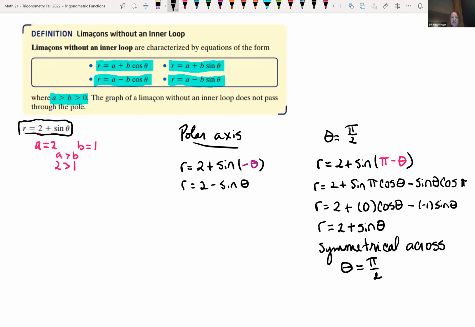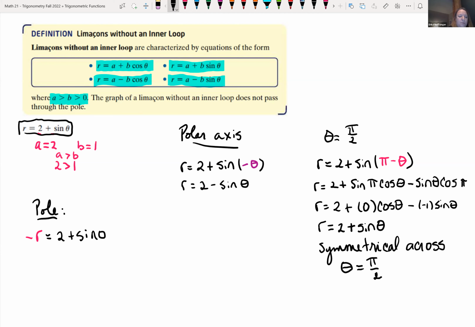So now we can check to see if it's symmetrical across the pole. There's two different tests that we can use. So we can replace r with negative r. I notice right away, if I replace r with negative r, I'm going to get a different equation. So replacing r with negative r, but let me just show it really quick, negative r is equal to 2 plus sine theta.